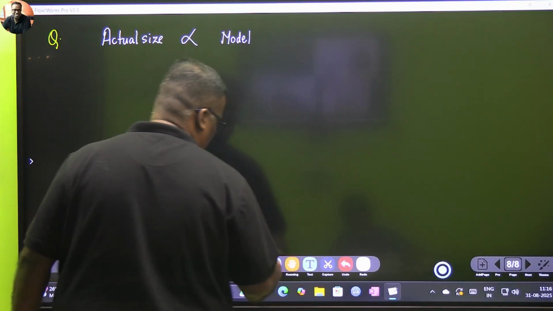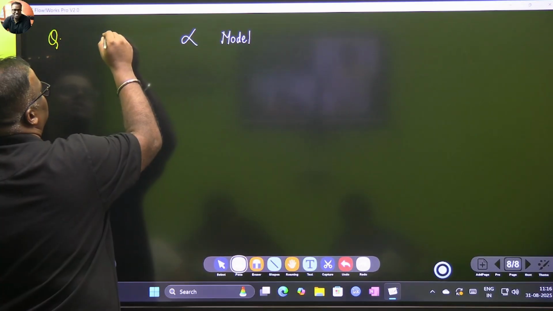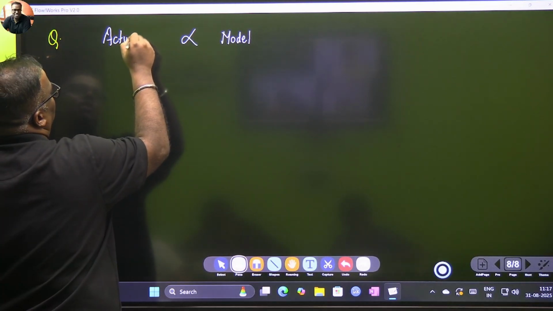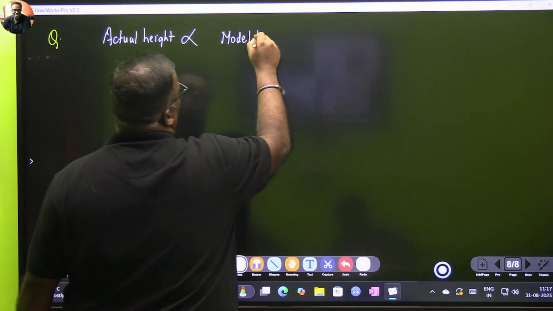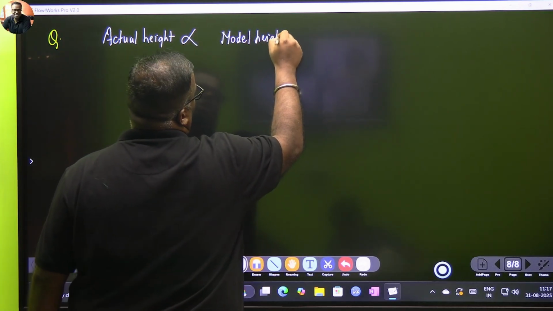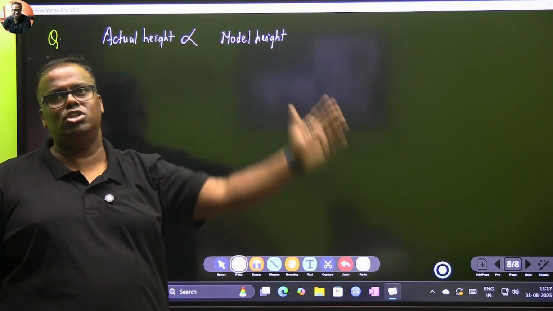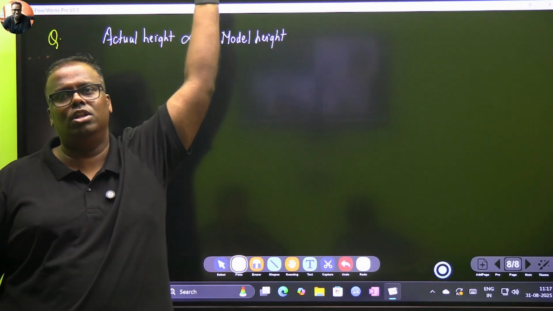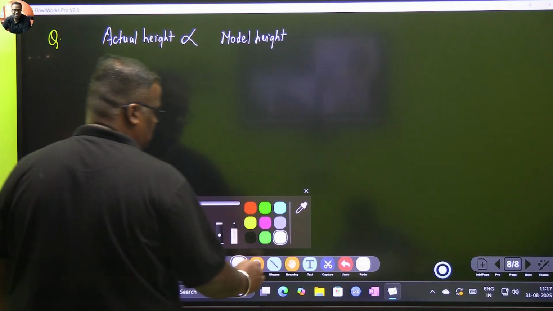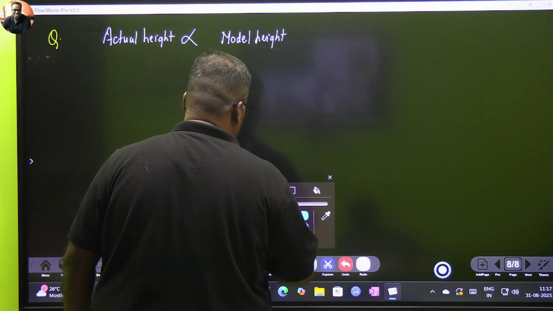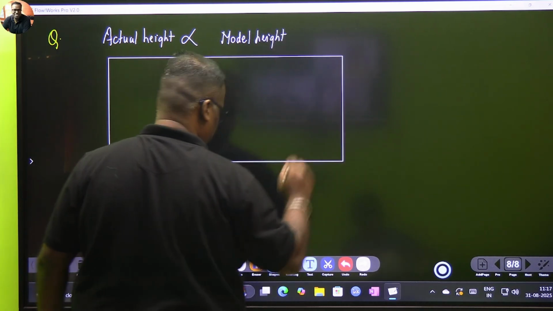So I can make it a little bit better now and say actual height is always directly proportional to model height. Have you understood? The mast is where the flag is actually hung. In the actual ship the mast is big. When I'm making a model, obviously the mast will come down. So this is understood. Now let us make our table.